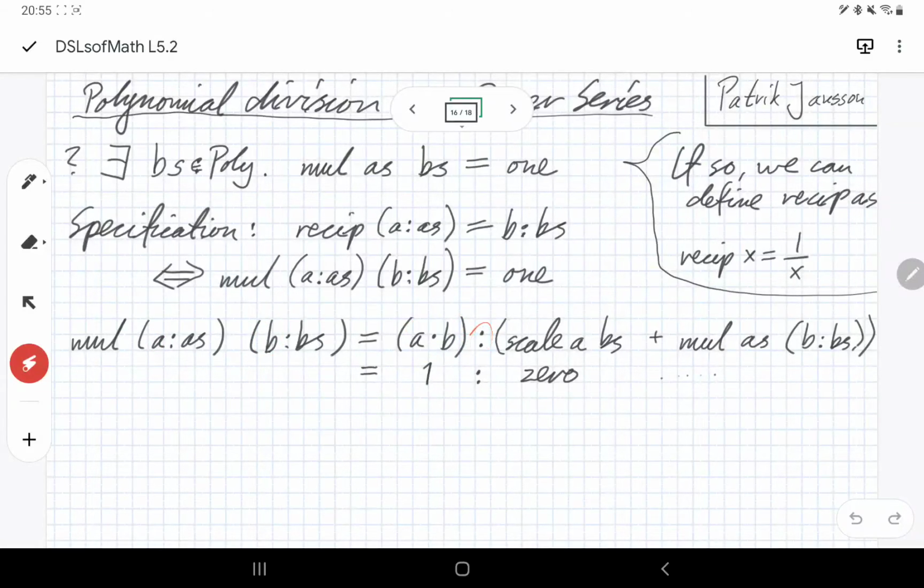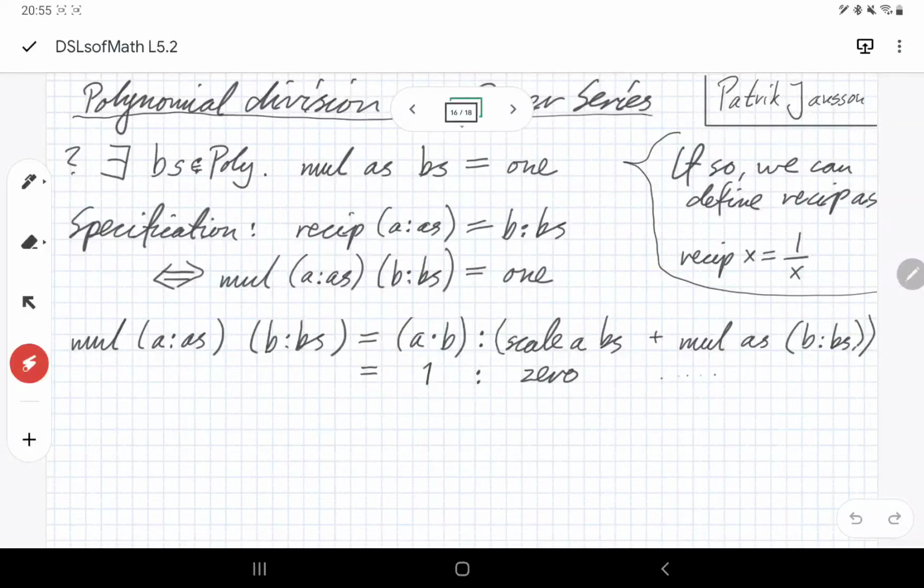And then when you get up one level, you can either scale the whole BS list by A, or, well, add the multiplication of the whole tail AS with the whole B cons BS.